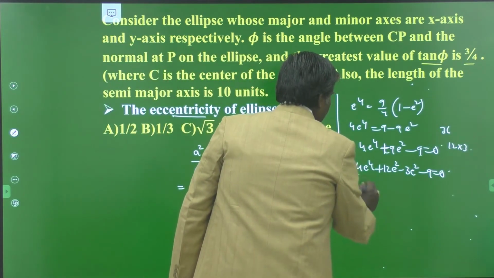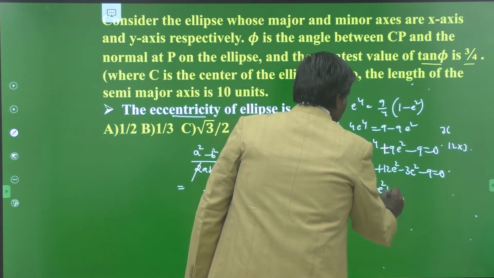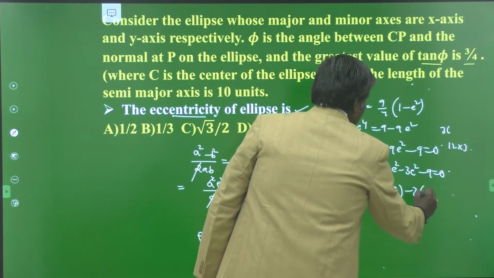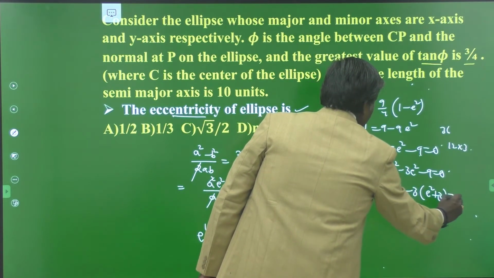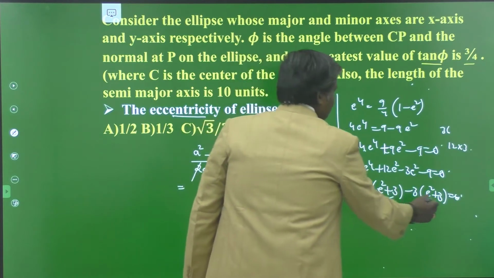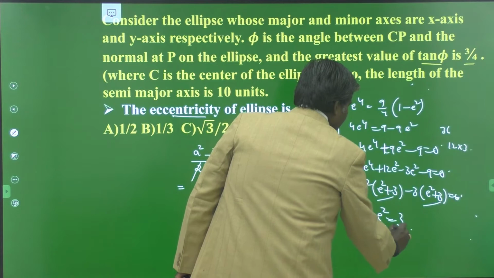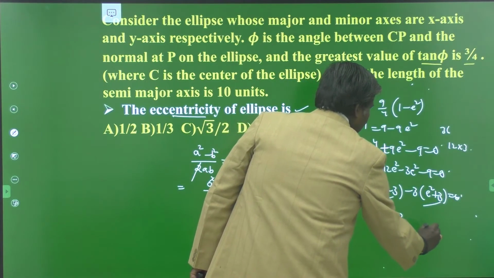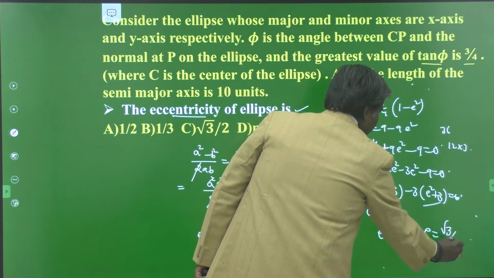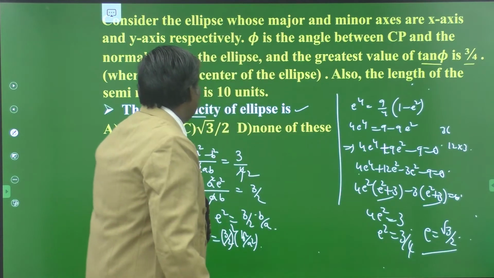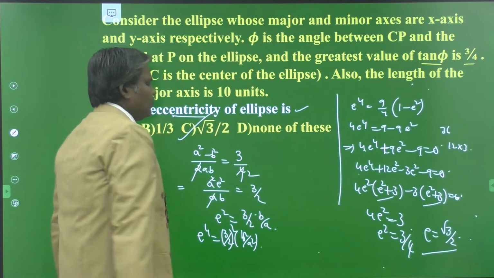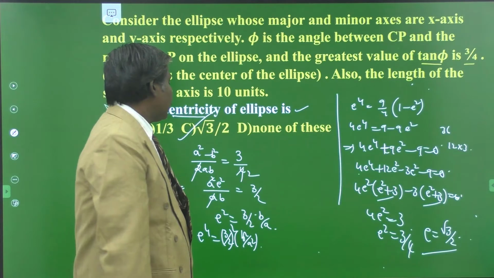Now 4 e square into (e square plus 3) minus 3 times (e square plus 3) equals 0. Now e square plus 3 is never 0. So 4 e square equals 3. e square is equal to 3 by 4. The value of e is equal to root 3 by 2. So the eccentricity of the ellipse is root 3 by 2.